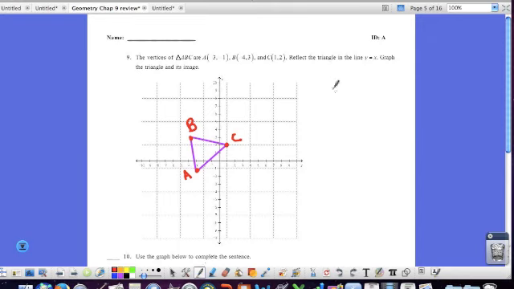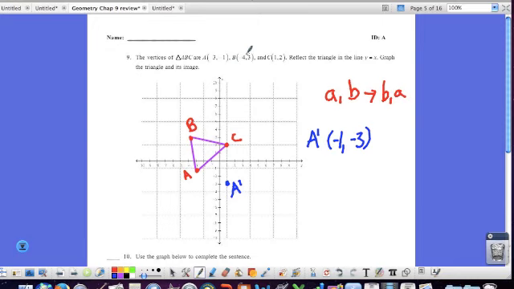So you have to remember that when reflecting in y equals x, you have (a, b) and you just switch it to (b, a). Let me change colors here. So my new A, my A prime, is going to be -1, -3. That's my new A prime.